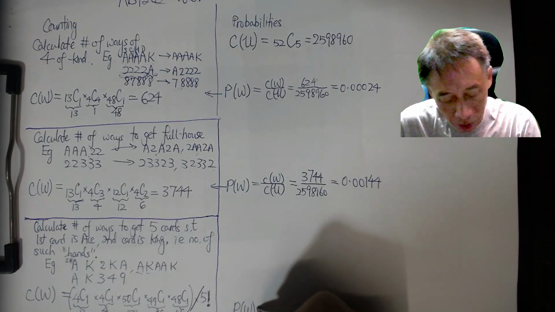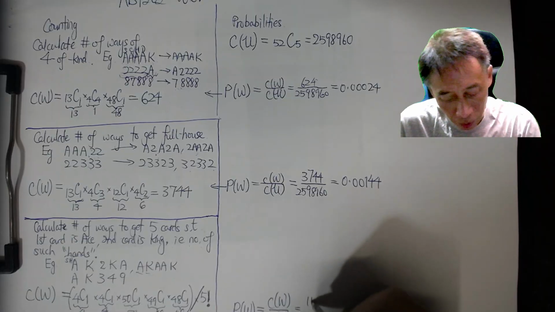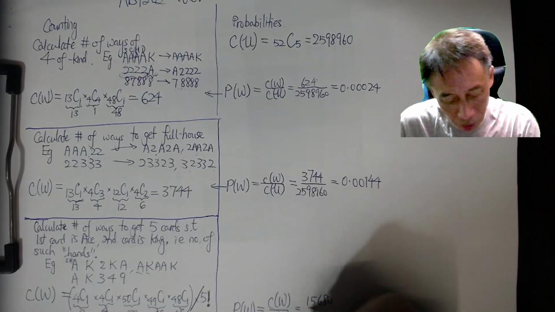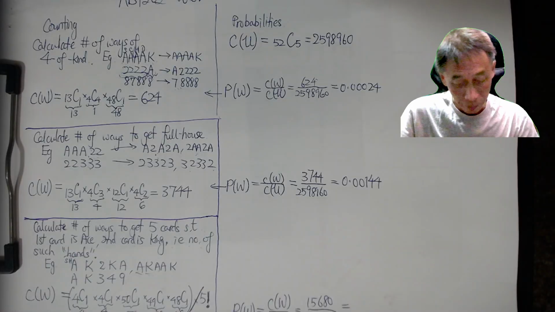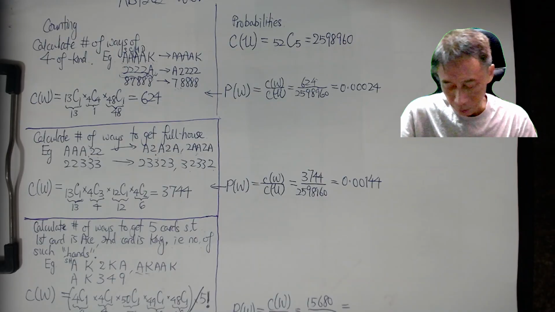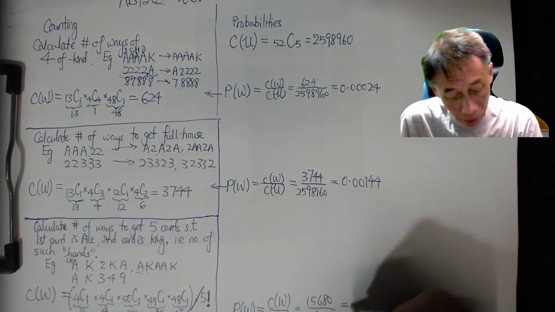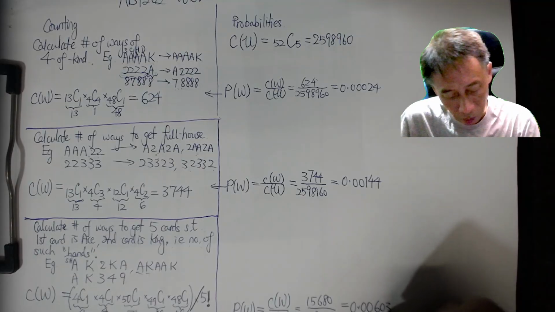So the probability of getting this is C of W over C of U, and that is 15680 over 2,598,960. And it is a smallish number, 0.00603.